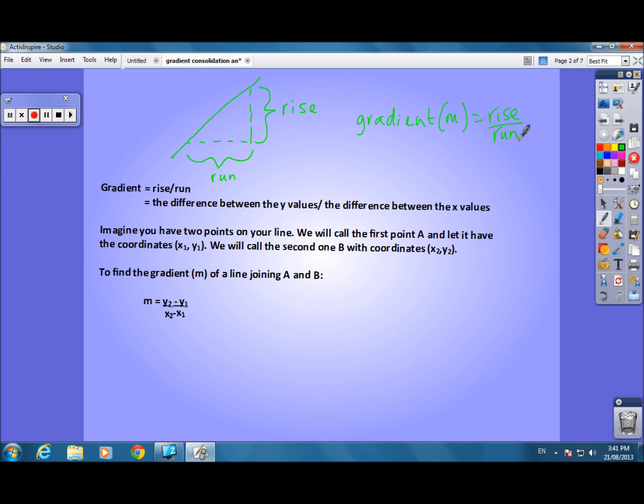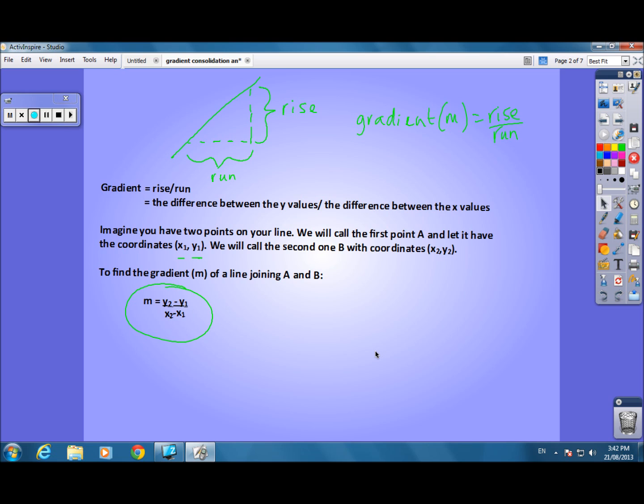Okay, so sometimes though you don't have the ability to draw a graph and draw a little triangle, so I'm going to give you a simple formula for working out the gradient if you're just given 2 points. So imagine you have 2 points. We're going to call the first point A, and since it's the first point, it has an x coordinate we'll call x1 and a y coordinate we'll call y1, and the second point is B, and we're going to call its x coordinate x2 and its y coordinate y2.